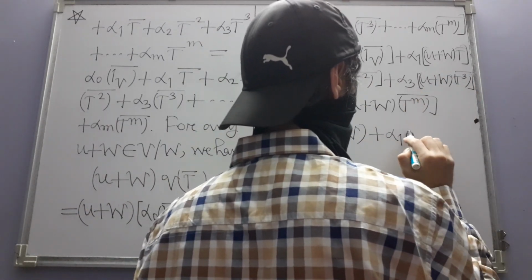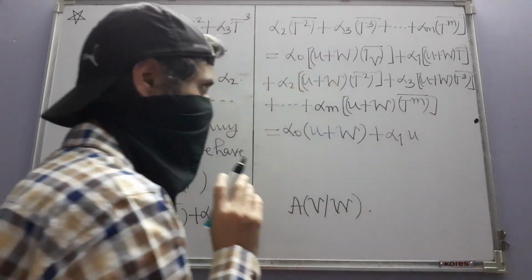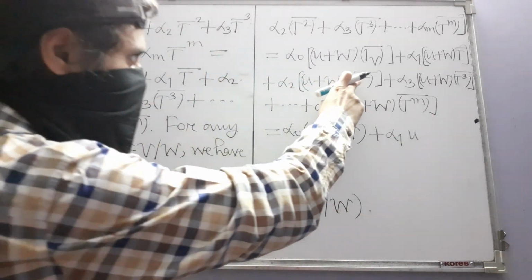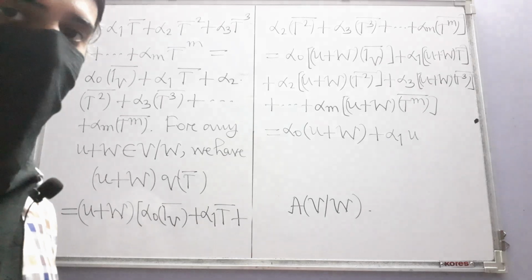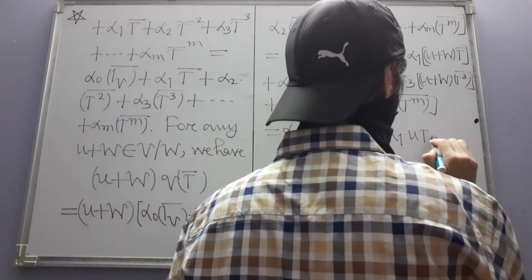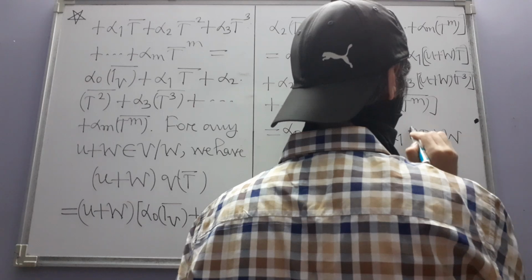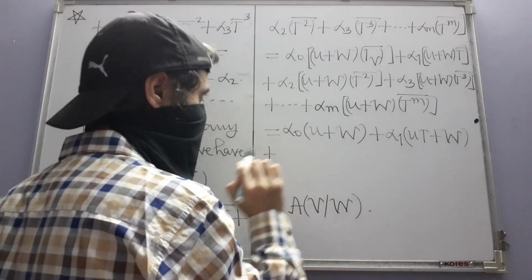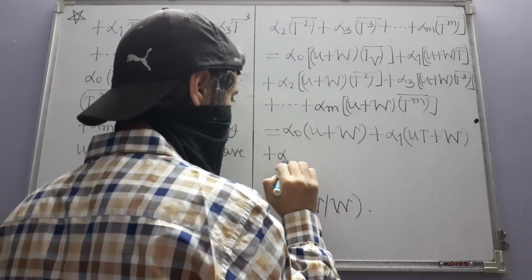This is alpha 1 times, you see, now you just have to use the definitions of the bar versions of the operators. So this is ut plus w plus, what about this?